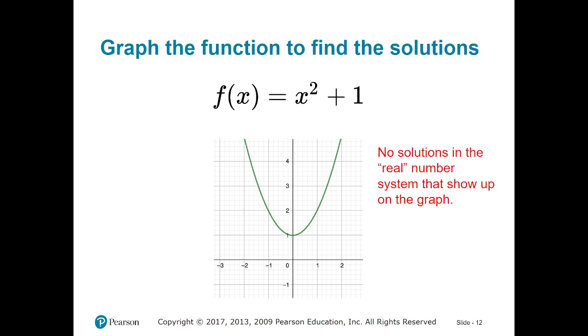And we can visually see that by verifying that this graph does not cross the x-axis. So there's no x value such that the y value is equal to 0. Okay, and that means there's no real solutions to this, right? The solutions may exist, but they're just not real numbers.